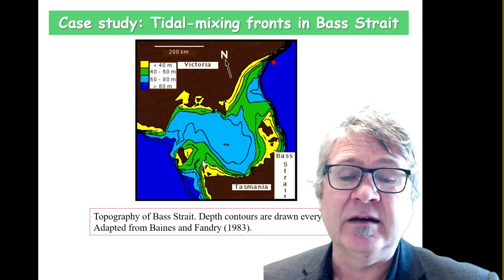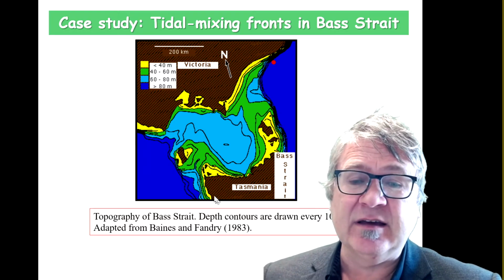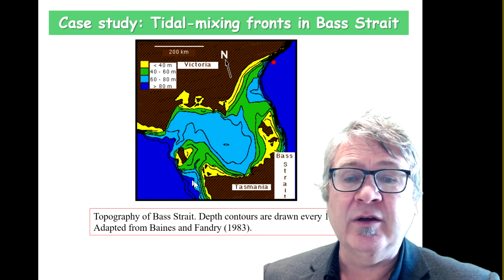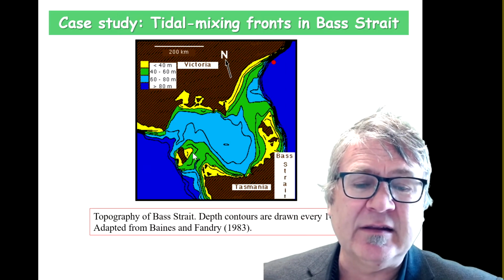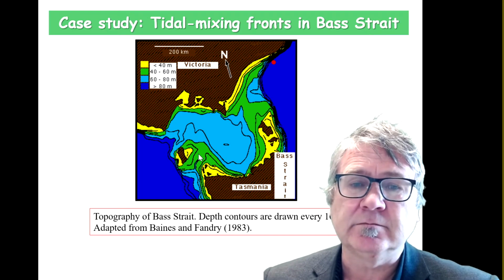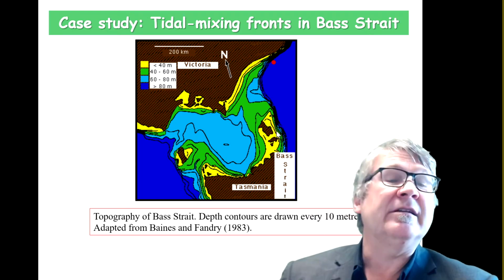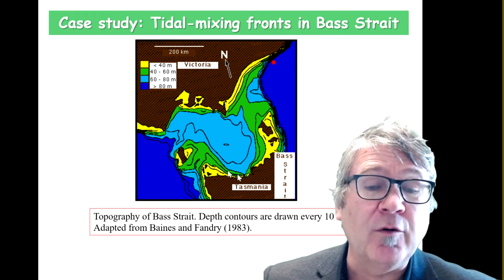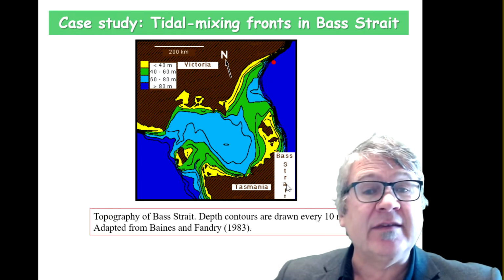There are some island chains, King Island on that side, and you can see it's shallow, 40 to 60 meters, a little bit less deep. You can work out from looking at the tides in the region that on both sides the tides produce tidal mixing.